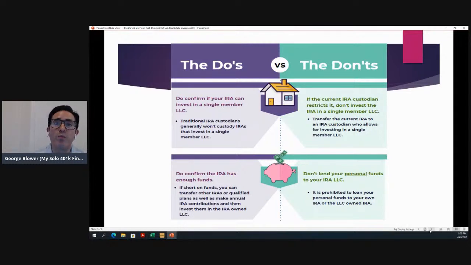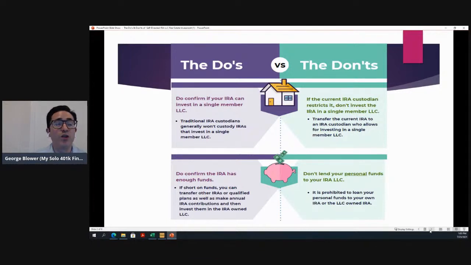A common example would be a husband and wife who each have IRA funds invested in that one LLC. And then the individuals, or the individual if it's just one IRA, serves as the manager of the LLC, so they're able to have checkbook control over the money and invest in alternative investments like real estate.